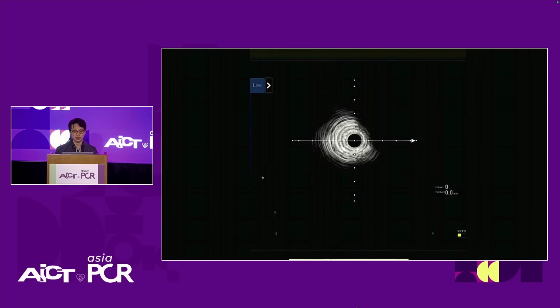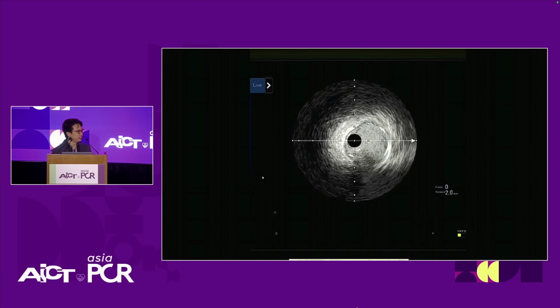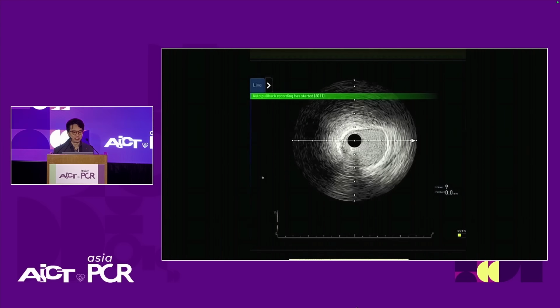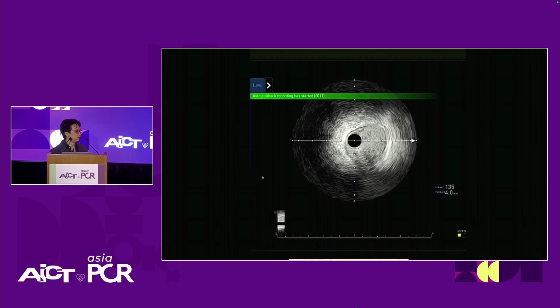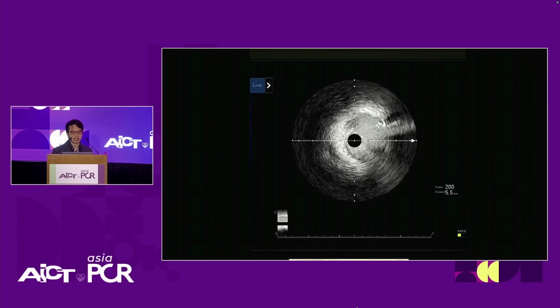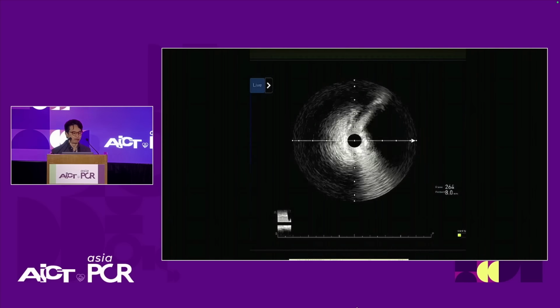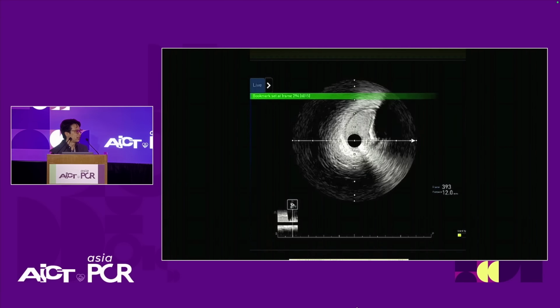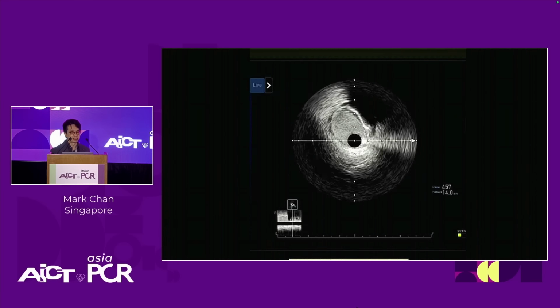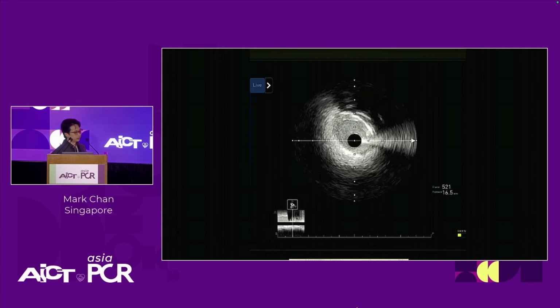It has to be a short balloon, avoid the bifurcation. And of course, after doing the POT, make sure that you re-image to make sure you've got good apposition of the stent in the left main. This is particularly important because we went into the left main and not just stayed at the ostial LAD, as some of our other discussants would have done.